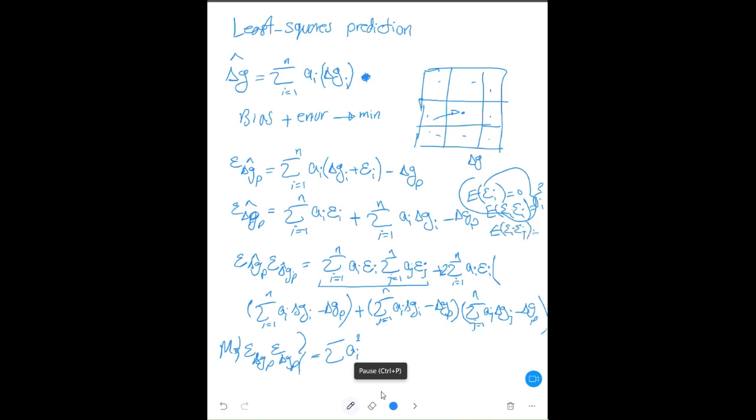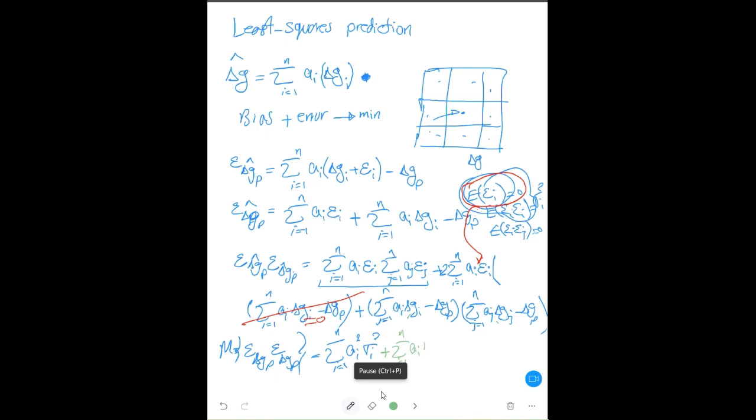If we take the statistical expectation of epsilon_i with epsilon_i, it will be the variance, and the statistical expectation of epsilon_i and epsilon_j will be zero. It means that the errors are not correlated. Based on this property, the second term of the error equation will be zero, and the first term will be simplified to the summation over a_i squared times the variance.